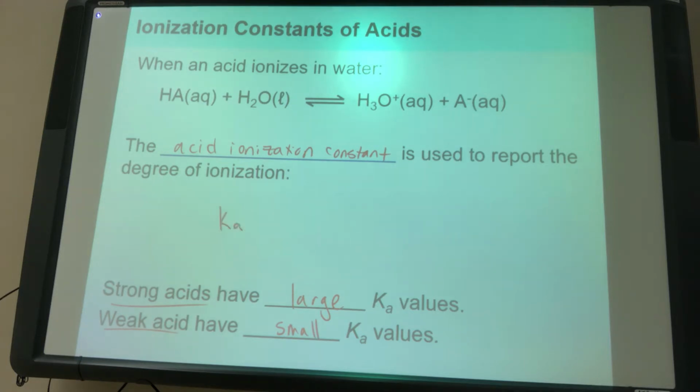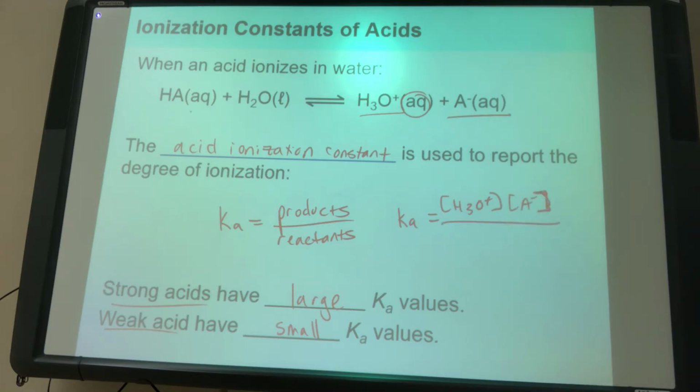So let's talk about how we write it. It's Ka, just like our equilibriums with Kc and Ksp, and remember it's going to be my products over my reactants. Same thing we did last chapter. So what are my products? This guy's aqueous, so I include him: the concentration of H3O plus, or H plus. He's aqueous, so I include him.